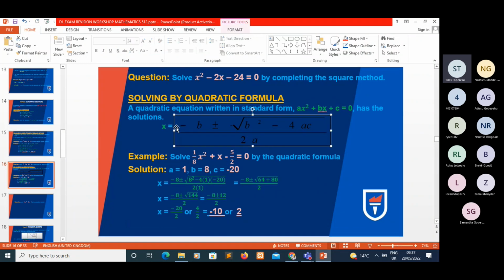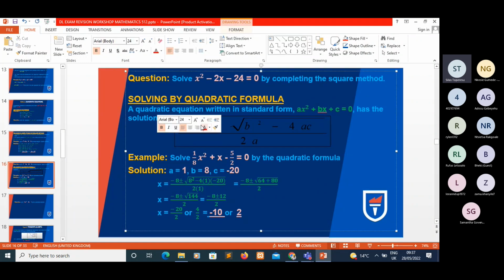Then you substitute them into this formula. The quadratic formula is simply minus B plus or minus the square root of B squared minus 4AC, all over 2A. So you need to get B, C, and A so that you substitute them into this formula, okay?